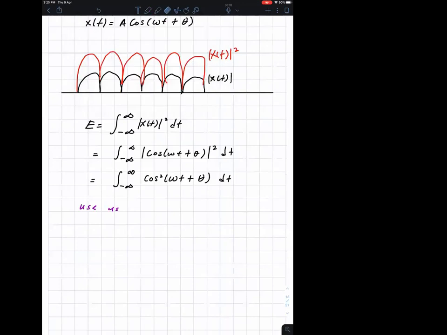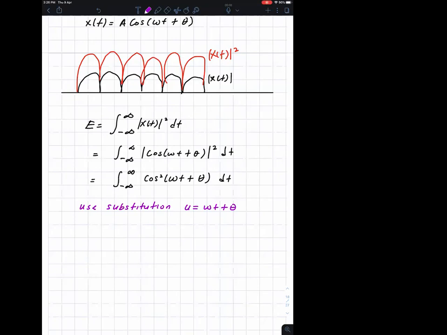There can be other ways to integrate, but you can use U substitution. Let U be omega t plus theta.